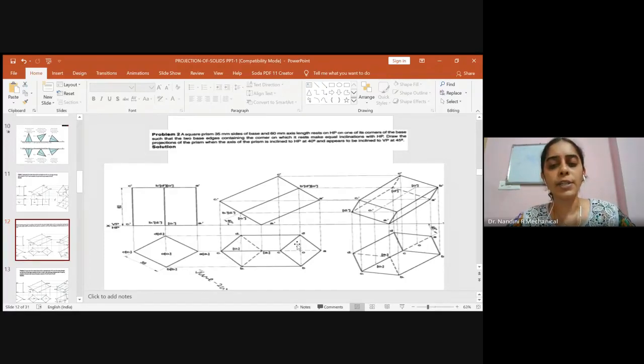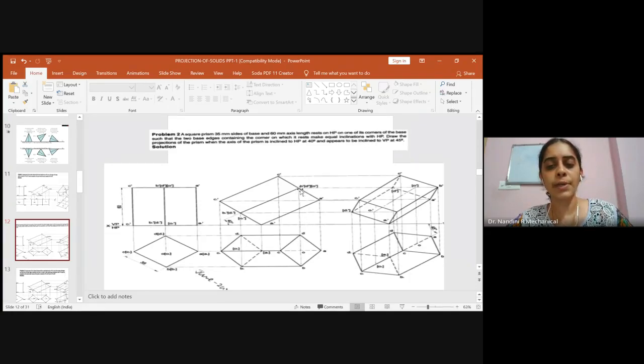Then come to the top surface. For the top surface, I told you the namings are A, B, C and D. Now start reading the locus for those corners. The locus of C is meeting C dash at this point, so this is our C. Now the locus of A is meeting A dash at this point, so this is our A. Similarly, the locus of B is meeting B dash at this point, so we got B. Along with that, the locus of D is meeting D dash at this point.